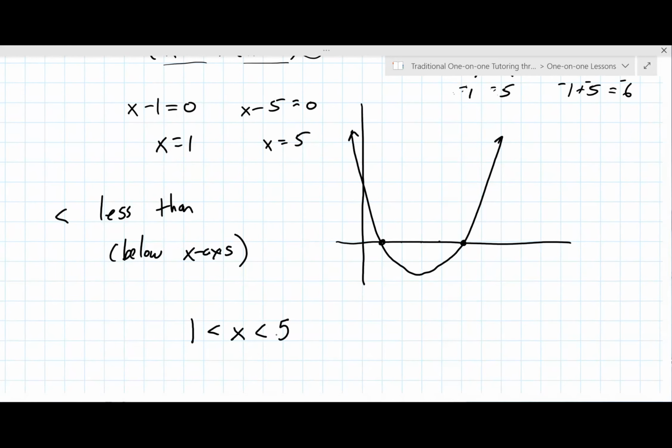So now, did you also have to do this in interval notation or just this set notation? Okay, so this is interval and this is set.